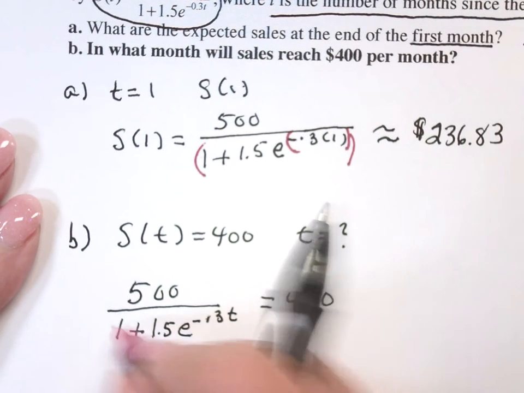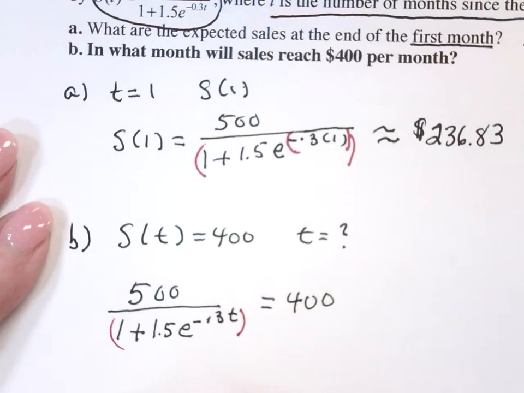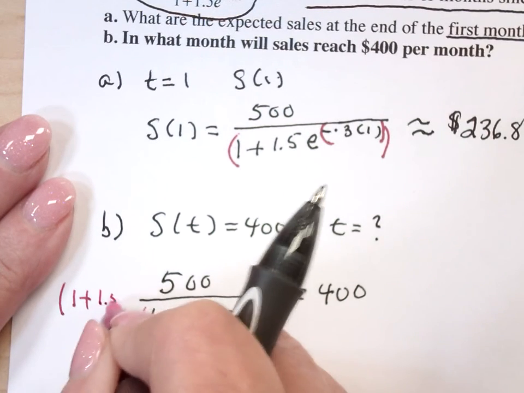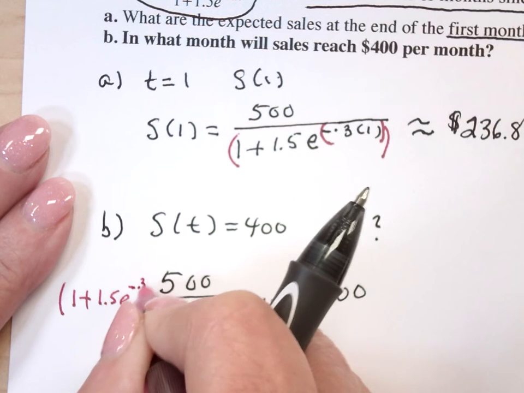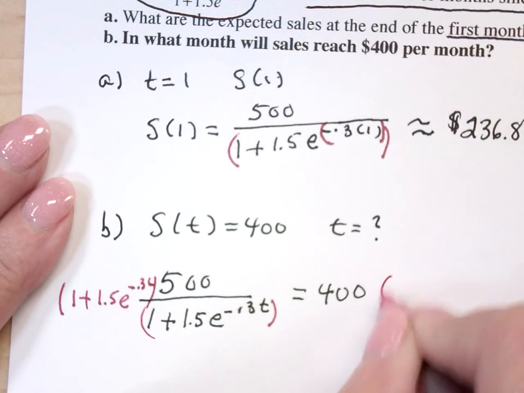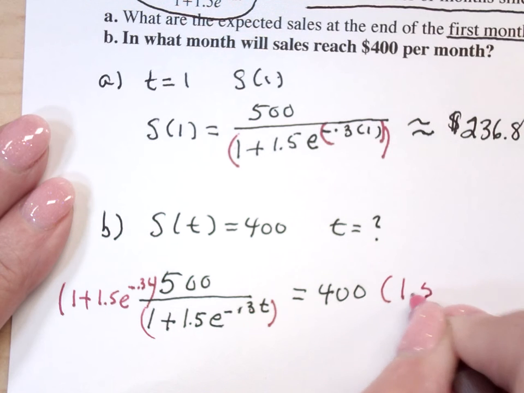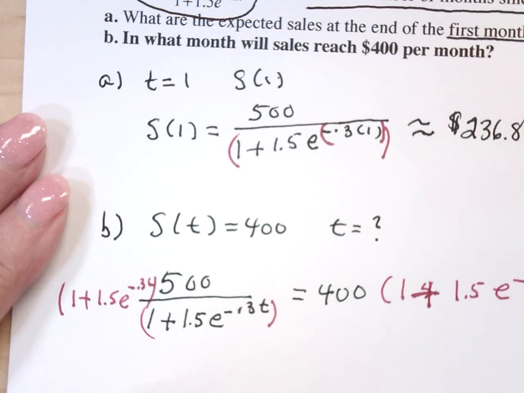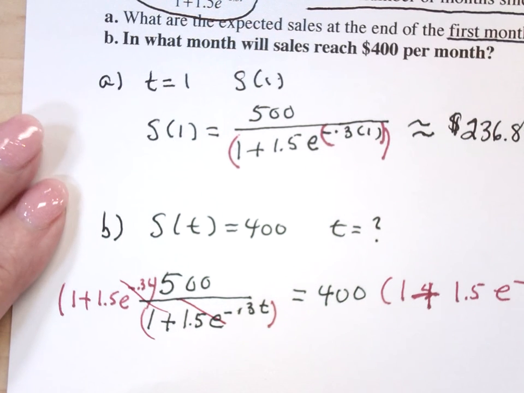Now clear the denominator by multiplying both sides by 1 plus 1.5 e to the negative 0.3t. So that this goes.